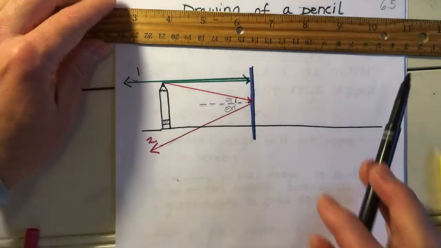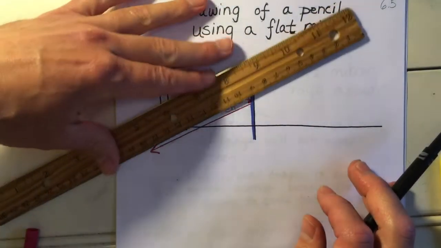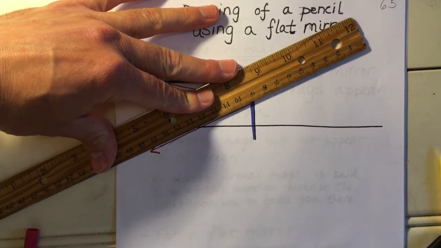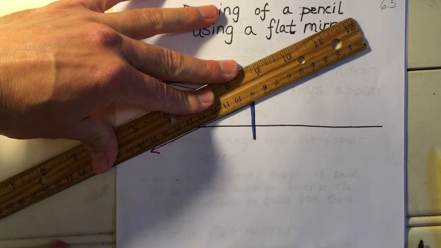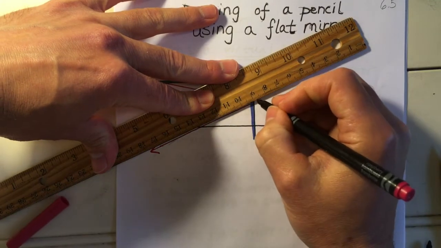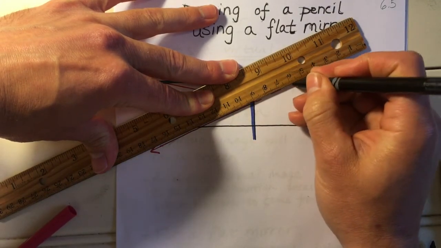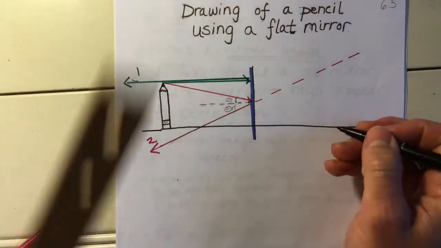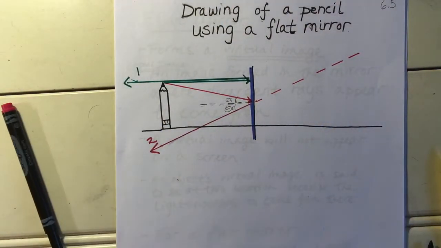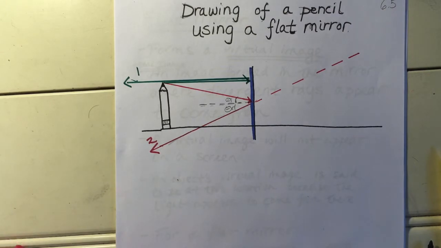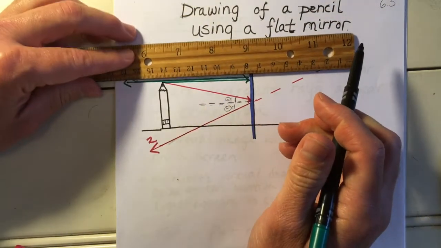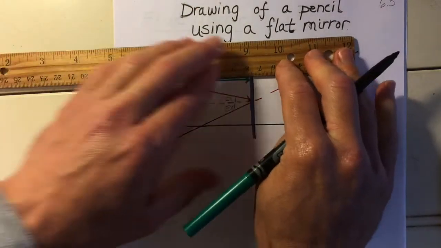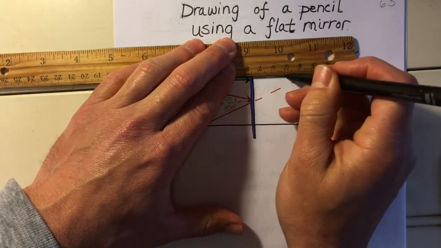They actually appear to come from, if I follow, say, ray 2 back, and I line up my straight edge, ray 2 appears to come from back here. And ray 1, let's see if I draw this, goes like this, and appears to come from back here.